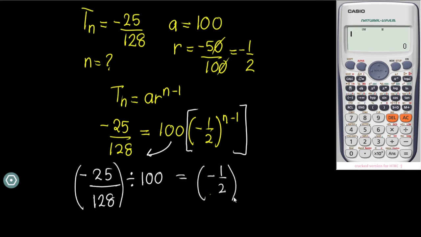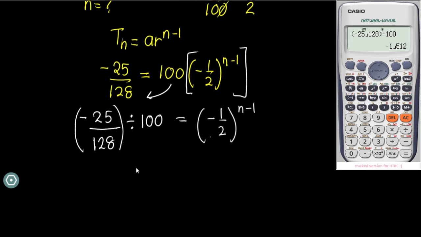So let's key in: bracket negative 25 over 128 divide by 100. We get negative 1 over 512 equals negative 1 over 2 to the power of n minus 1.